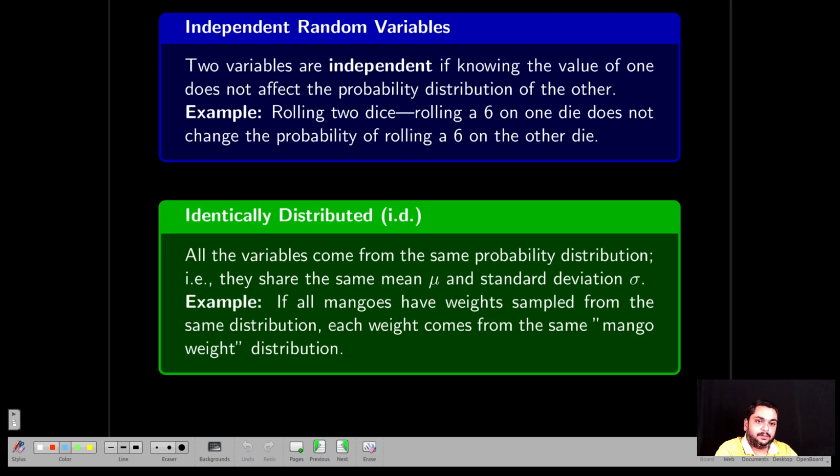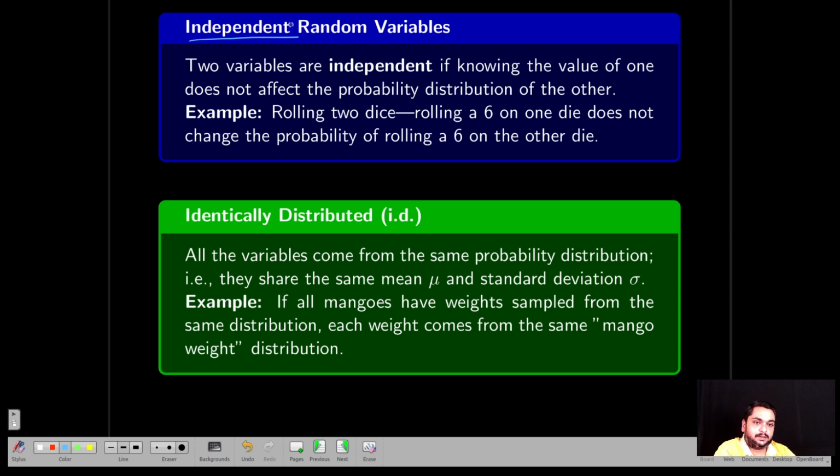First, what is this IID? Independent and identically distributed. As the name suggests, first the independent. Independent random variables, what does it mean? That's what you have been learning. Two variables are independent if the probability does not change based on the other variable.